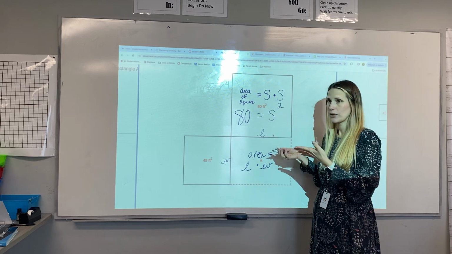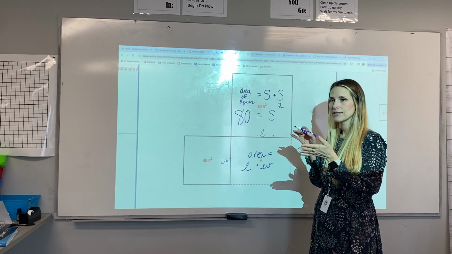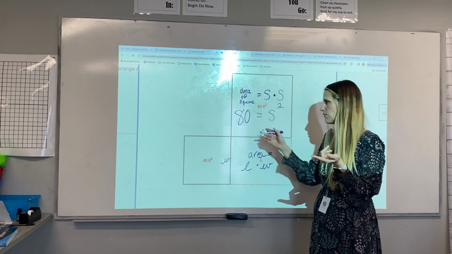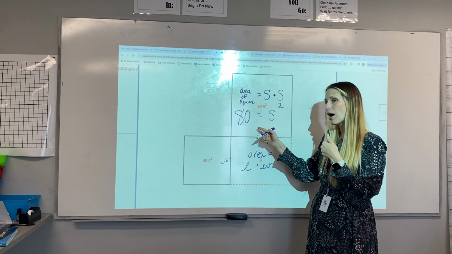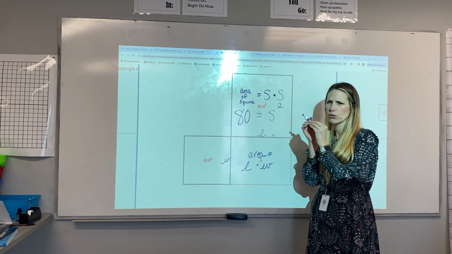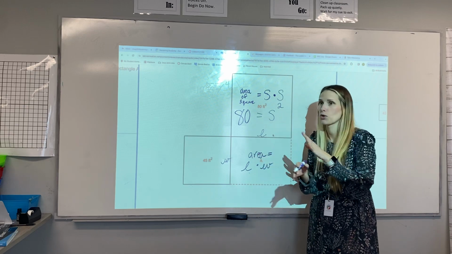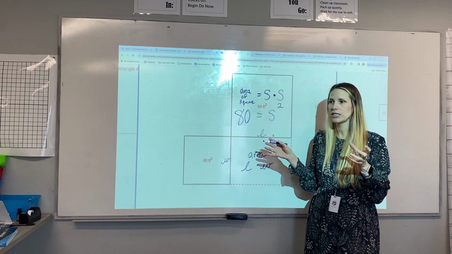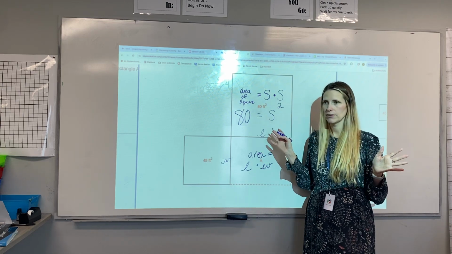The side length is going to be somewhere between 8 and 9, because 8 times 8 is 64, that's too low, and 9 times 9 is 81, it's too high, but it's really close. So it might be something like 8.92946 or something like that. Are you guys with me? The square root of 80 is going to be a decimal number somewhere between 8 and 9.